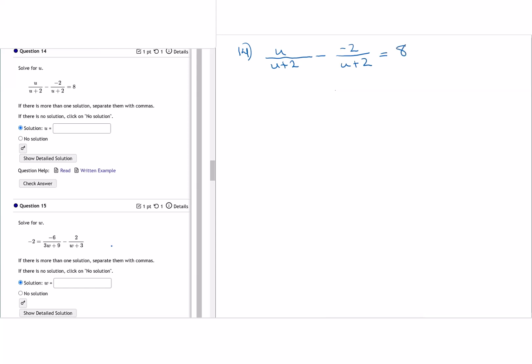Well, I have a common denominator, so I can say this is u minus 2 divided by u plus 2 equals 8. U minus 2 is the same as u plus 2 over u plus 2 equals 8. 1 equals 8. Obviously not true. No solution.